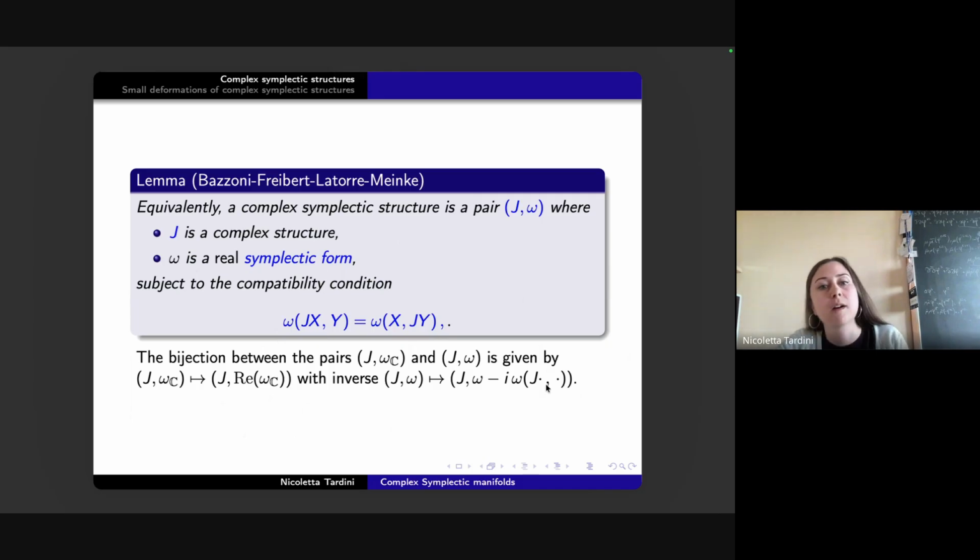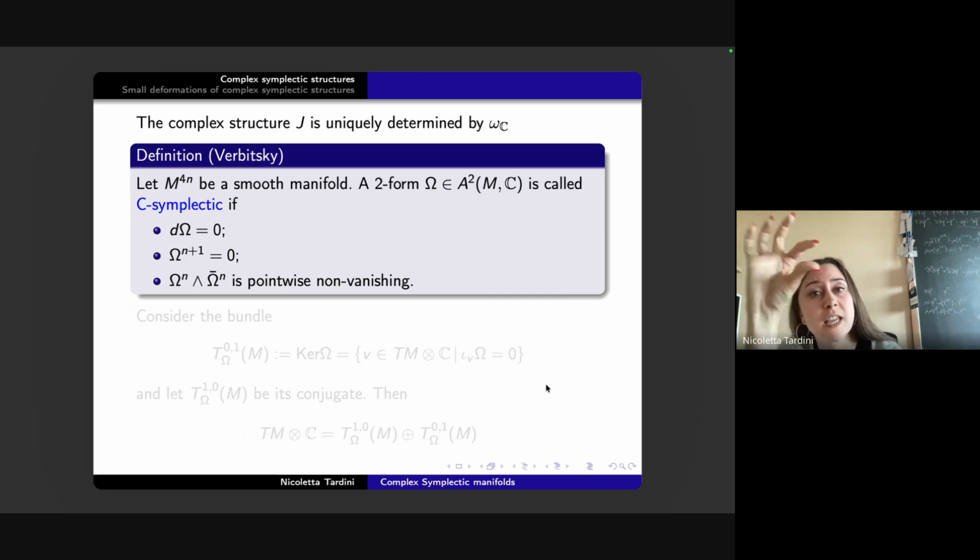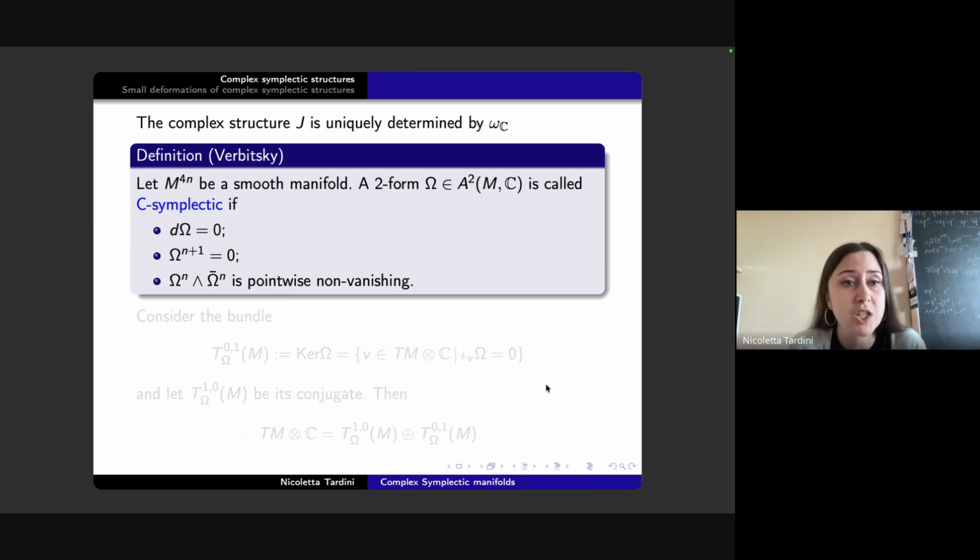And also, I would like to point out this result of Verbitsky, essentially saying that the complex structure J is uniquely determined by the complex symplectic form omega C. Because this happens: Verbitsky gave this definition for a real smooth manifold, okay?